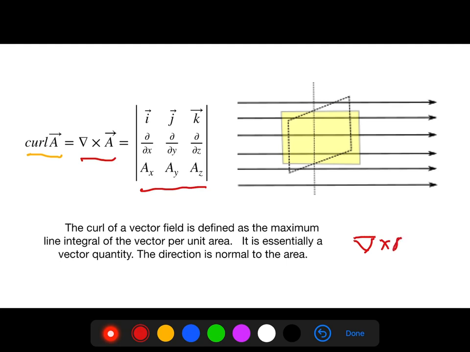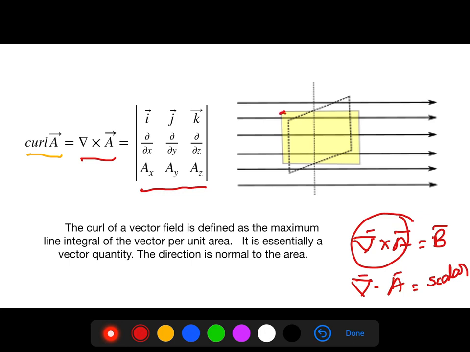When you take the curl, you get a vector quantity, whereas earlier with gradient and divergence we obtained a scalar quantity. Here we have obtained a vector quantity. So curl of a vector field is defined as a line integral of the vector per unit area.